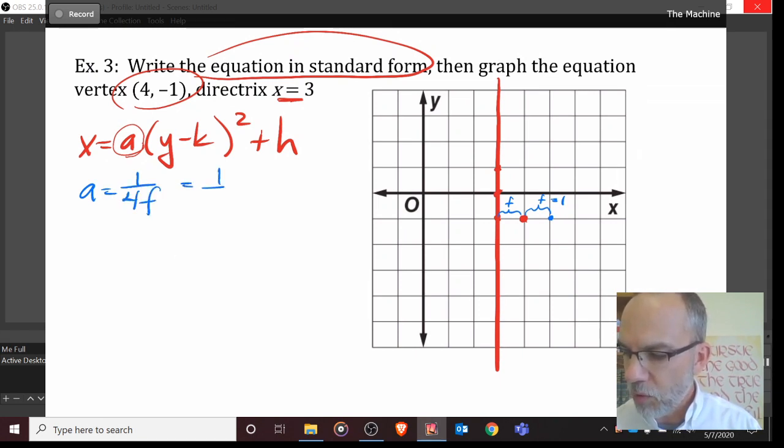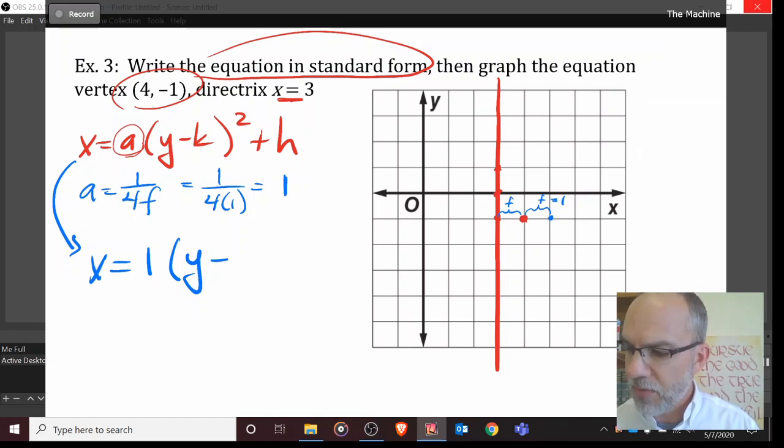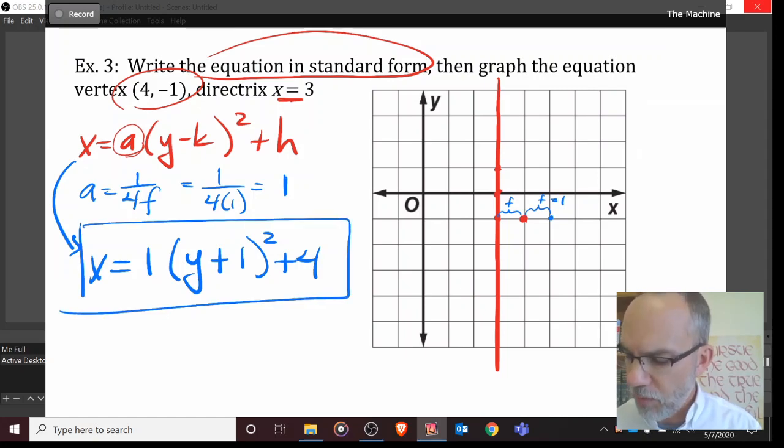So that's equal to 1 over 4 times 1. My a value was 1. So if I put these pieces together now, x is equal to 1 times (y minus, what's the k value? negative 1) squared, and then plus h, so plus 4. There's my equation, although I have to admit the 1 there is a newbie thing.